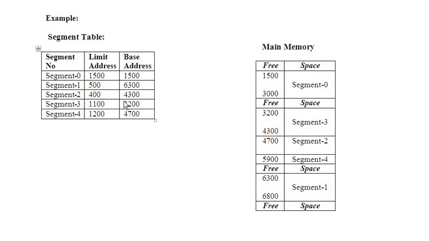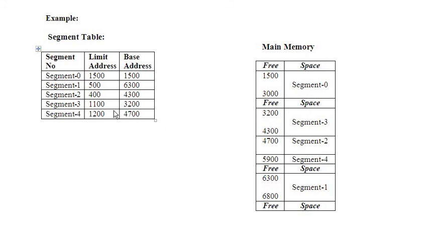Then next is 4700, where we immediately start one more, so there is no free space. Adding these two, 4700 becomes 5900. Up to 5900 we have segment 4. These segments 3, 2 and 4 are contiguous because they start immediately one after another.